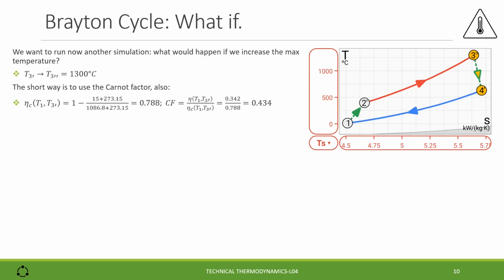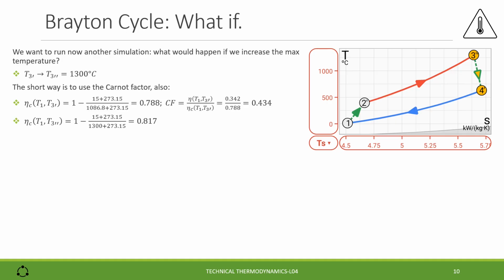That says 0.788, and the corresponding Carnot factor is the ratio between the efficiency of the real cycle and the corresponding Carnot efficiency, and that turns into 0.434.